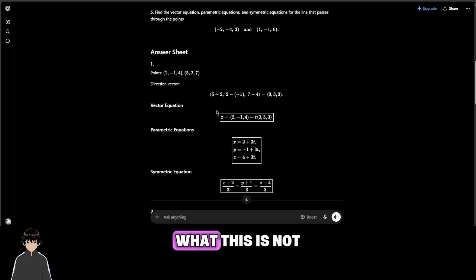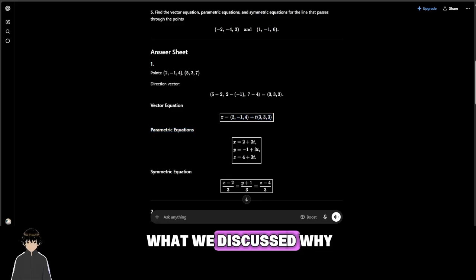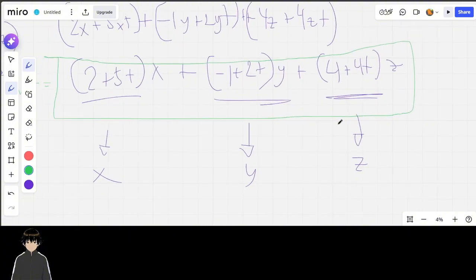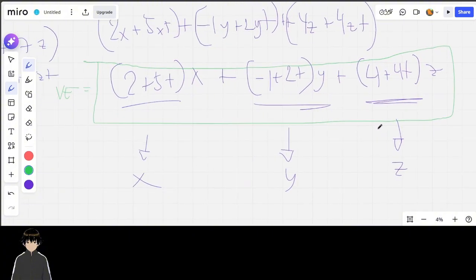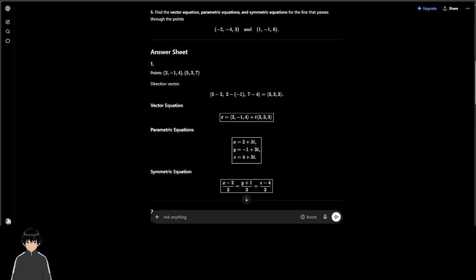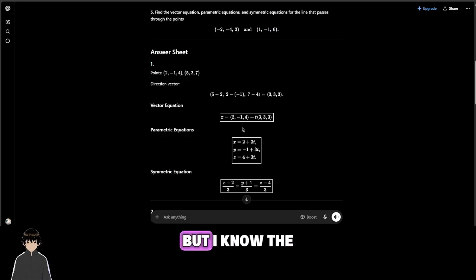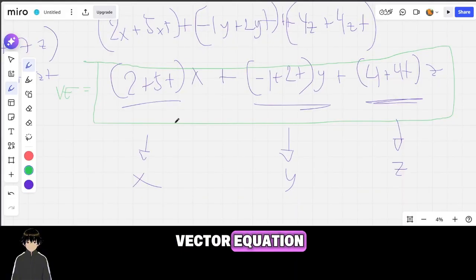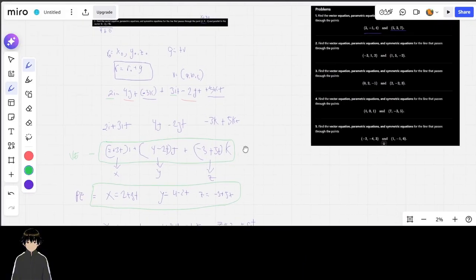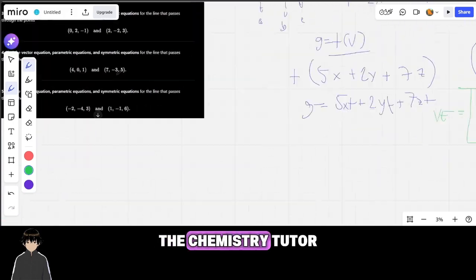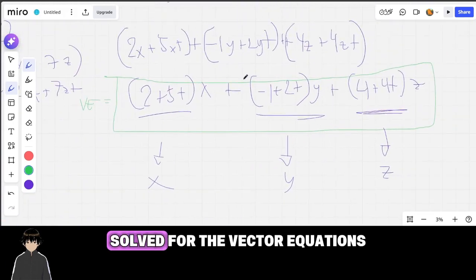What? This is not what we discussed. Why is it like that? I'm just going to completely disregard that, but I know the way I solved the vector equation was right. This is how the chemistry tutor solved for the vector equations.